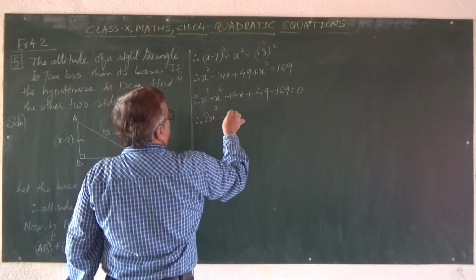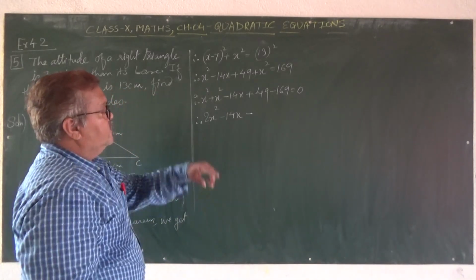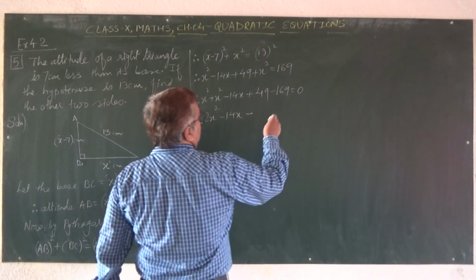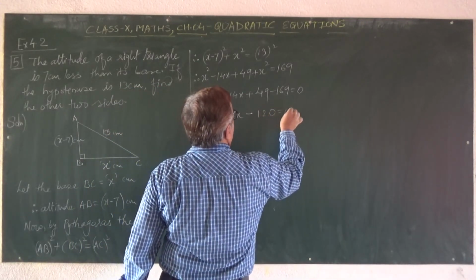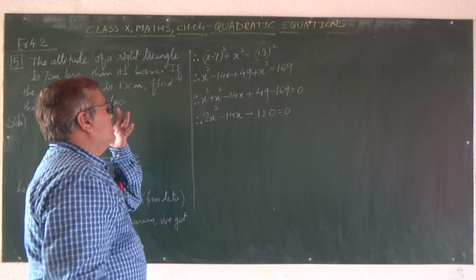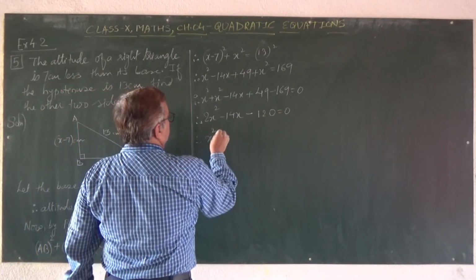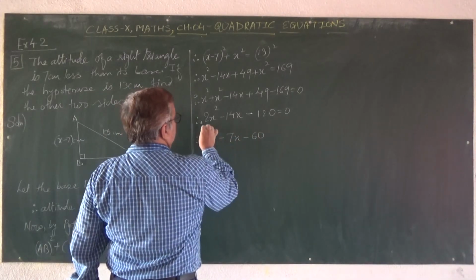So 2x square minus 14x, plus 49 and minus 169, so it is minus 120. Divide it by 2, each term is divisible by 2. So this will become x square minus 7x minus 60.